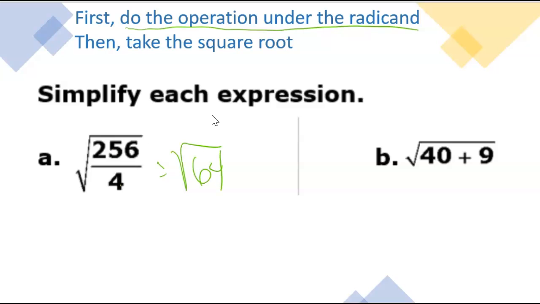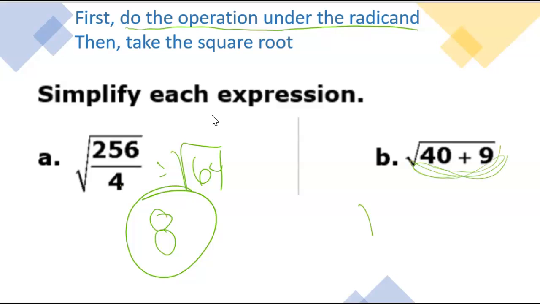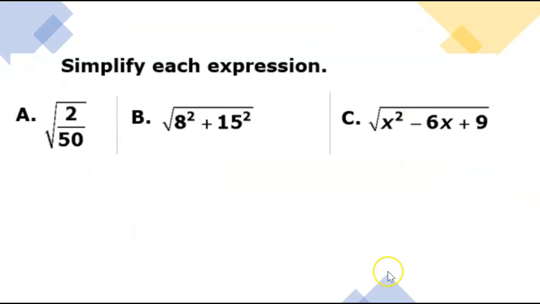What's the square root of 64? 8. And over here, this is the operation under the radicand, 40 plus 9. So we got the square root of 40 plus 9 is 49. The square root of 49 is 7. And that was easy.